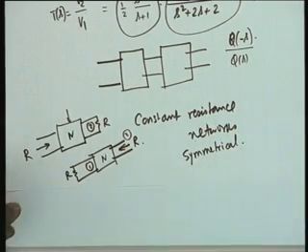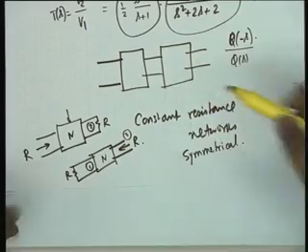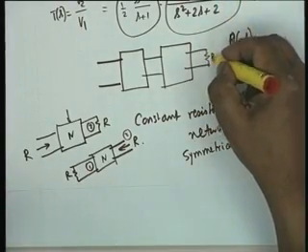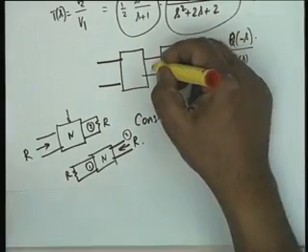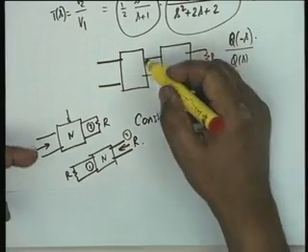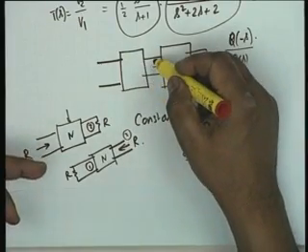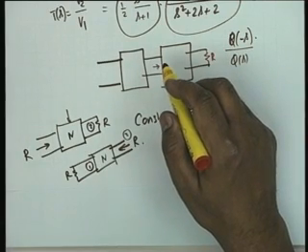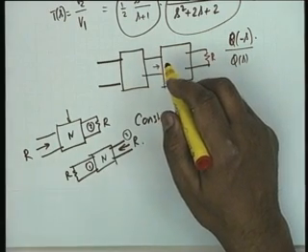Now suppose two such constant resistance networks are cascaded. That is, if I have a resistance R here, then what is the resistance here? Again R, and therefore the transfer function of this network with a termination of R is not disturbed.